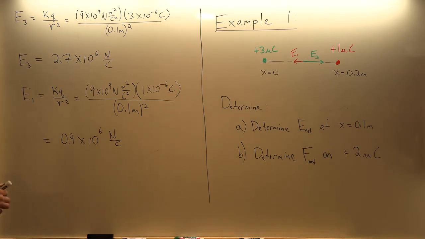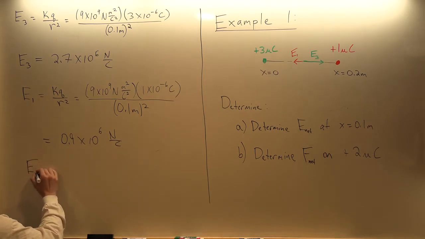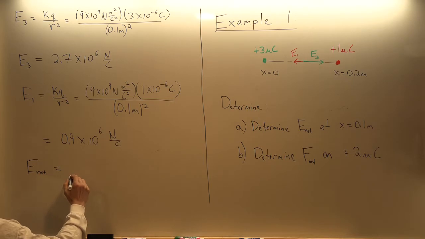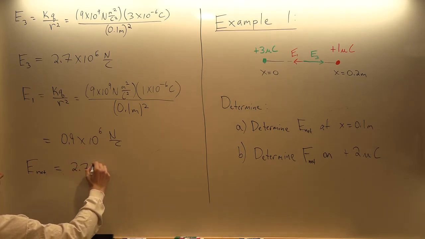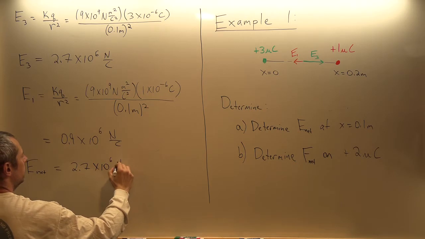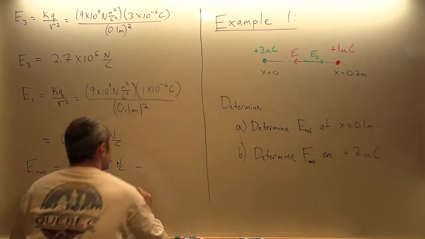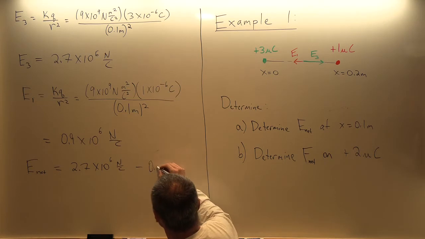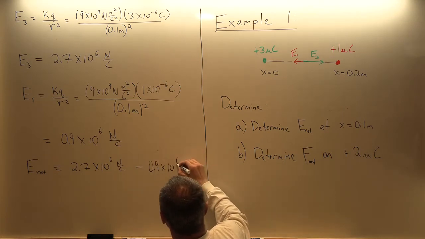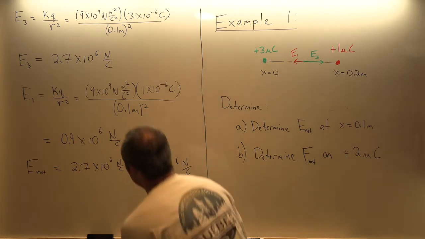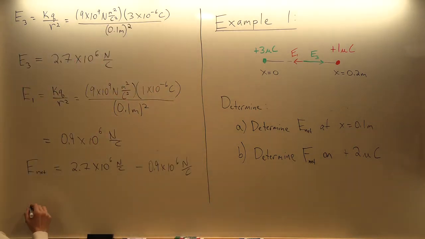Okay, so I have the two electric fields. As I said, I will subtract to get the net electric field. So I've got 2.7 times 10 to the 6th newtons per coulomb minus 0.9, and so I can express the net electric field in i, j, k form, as 1.8 in the positive x direction.